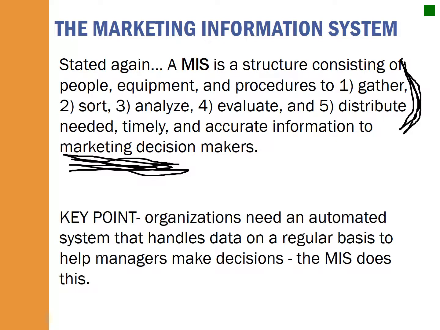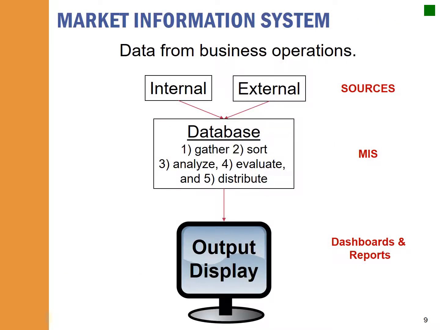Key point here is organizations need to have an automated system so that we can use it to deal with lots and lots of data, huge amounts of data. This data can be organized, it can be analyzed, and it can be distributed. So again, that's kind of what market research does. And an MIS system is an internal component that helps us do this in-house, for ongoing research.